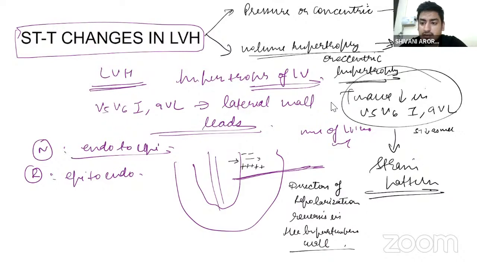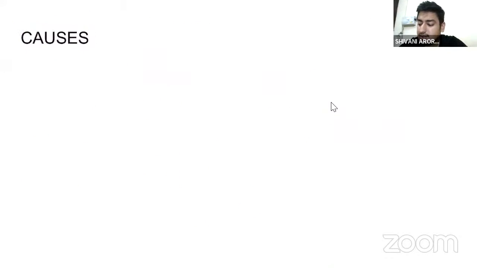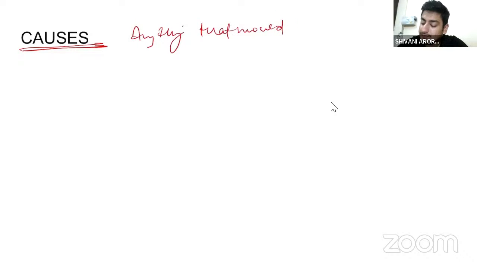Now let us come to the next slide. That is, what are the causes of LVH? We have many causes of LVH per se. So anything that would increase the load of the LV, that is afterload or preload, would lead to hypertrophy.